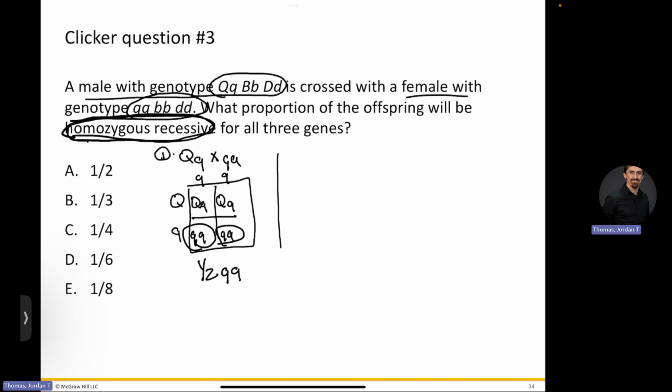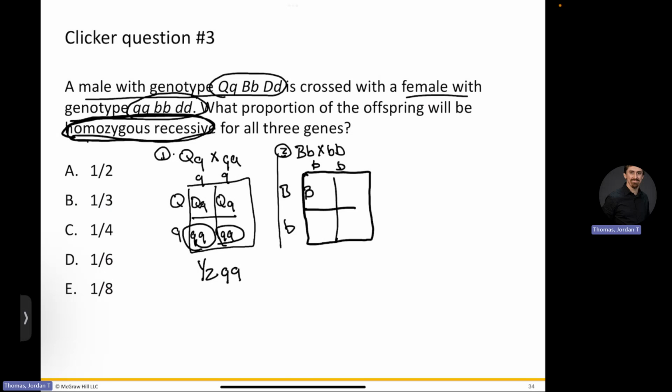We do the same for the B's. So the second cross, we have big B from the dad, little b from the mom. If we do the Punnett square, big B, little b for the dad, little b, little b for the mom. It's the same thing.